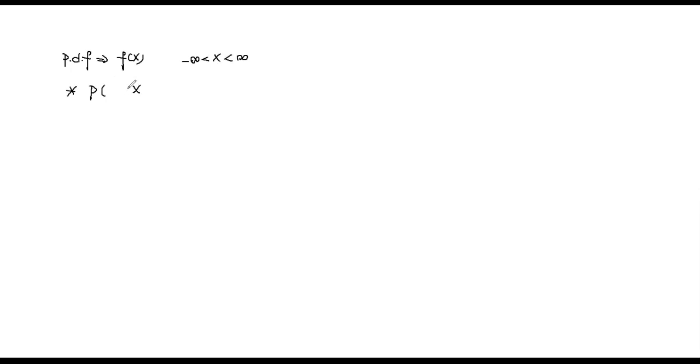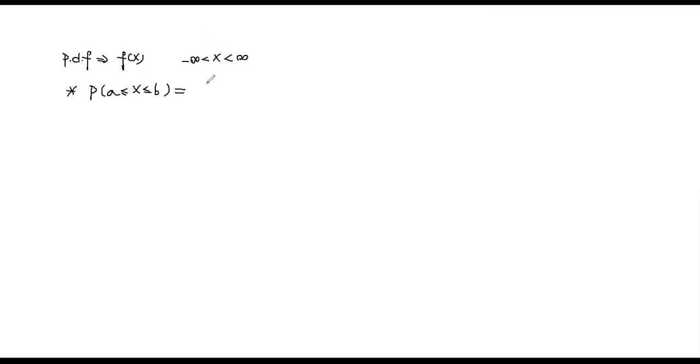How do I find probabilities? If I want to find a probability from A to B, because this is continuous, it really does not matter whether you have the equal sign or not, since when x is equal to one fixed number, the probability is 0.